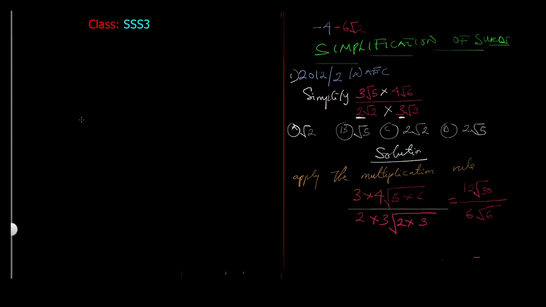What we are saying is we are going to divide. 12 divided by 6 is 2. Then square root of 30 all over square root of 6, the 6 cancels itself, and 6 goes into 30 five times, so that is root 5.